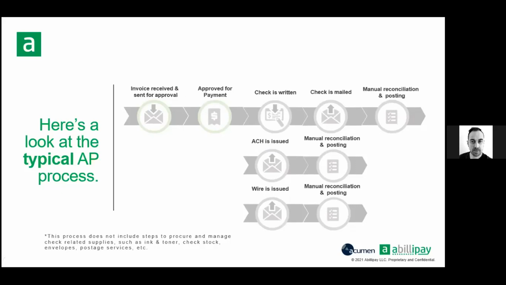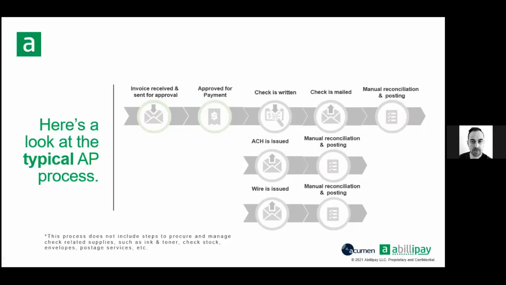Of course, this doesn't take into account things like ordering supplies, making sure you have enough check stock, talking to Pitney Bowes, buying envelopes from Office Depot. And this manual reconciliation process, I don't think this does it justice either.